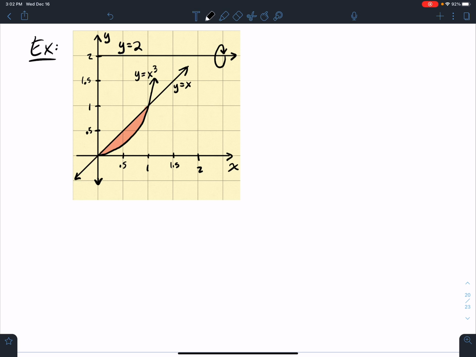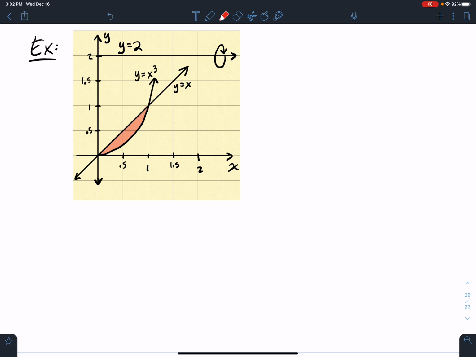So we've got a solid of revolution problem where we've got the graph and we're going to be rotating this graph that's bounded between x and x cubed about the line y equal to 2.